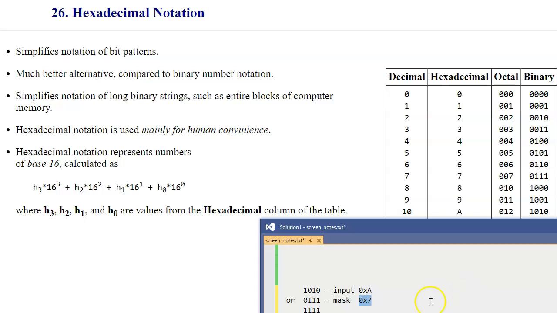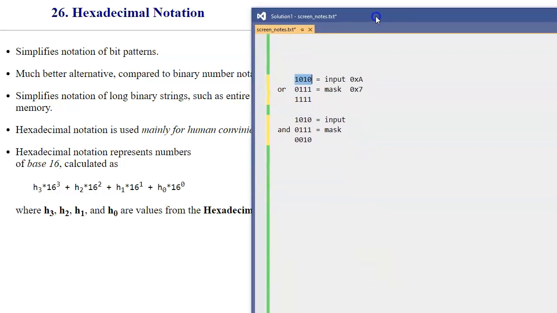As you can see, this notation shortens things quite a bit, replacing binary notation. Let me try another example like this.